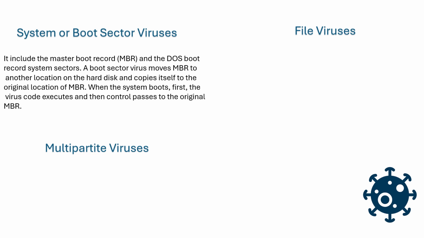The boot sector viruses move the MBR to another location on the hard disk and copy themselves to the original location of the MBR. When the system boots, first the virus code is executed and then control passes to the original MBR.